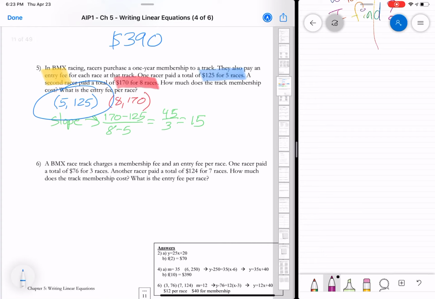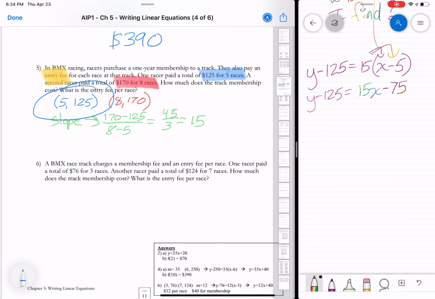So we have y minus 125 equals 15 times x minus 5. I'm going to distribute, and I get 15x plus, whoops, that is not a plus sign because a positive times a negative is negative. So minus 75.